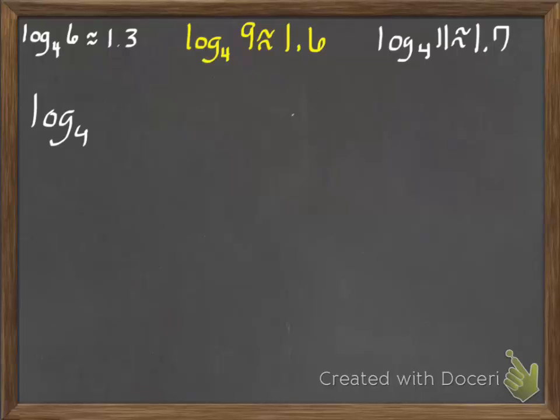Log base 4 of 11 over 36. And so, well, 11 is obvious to be just this.